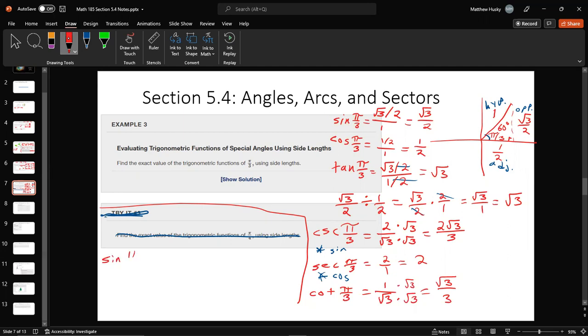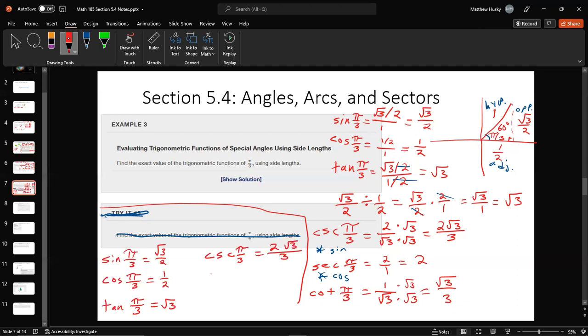So we've got sine of pi over 3 is root 3 over 2. And then cosine of pi over 3 is 1/2. And tangent of pi over 3 is root 3. And then cosecant of pi over 3 is 2 root 3 over 3.